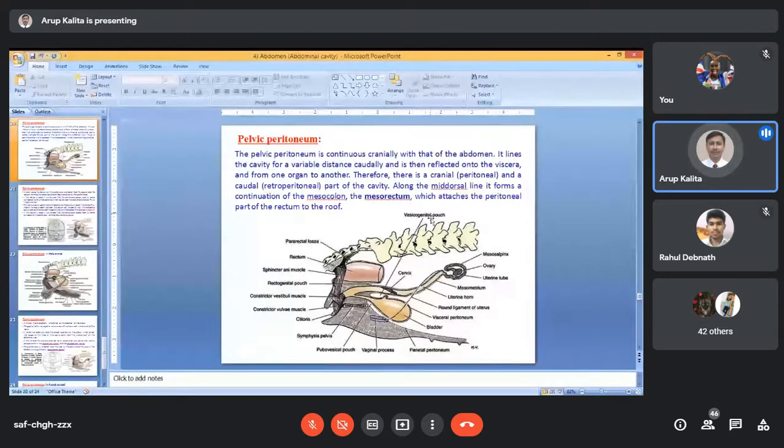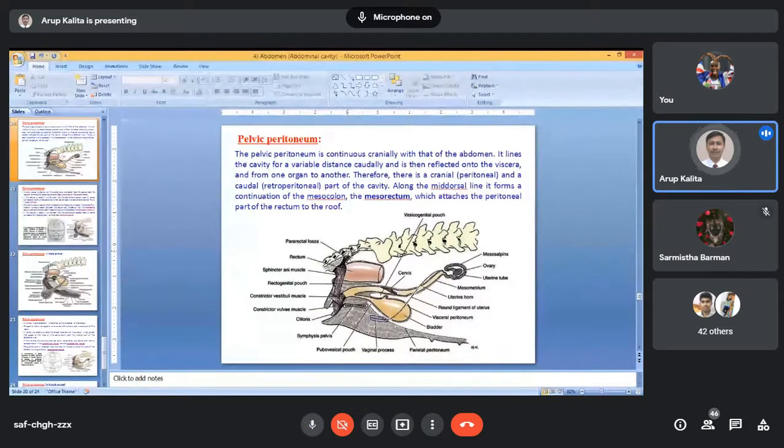This is the urinary bladder, this is part of the rectum, and this is part of the uterus or cervix. These parts are present in the pelvic cavity. This is the pelvic cavity. Have you seen this bone? What bone is this? Sacrum. Sacrum, very good.